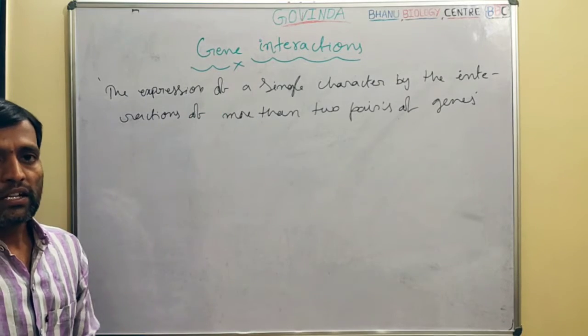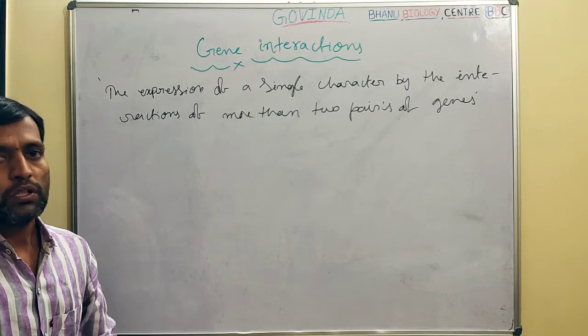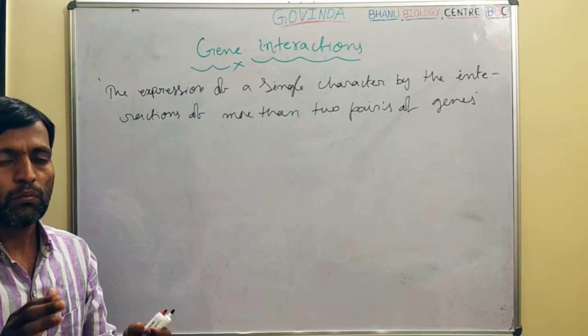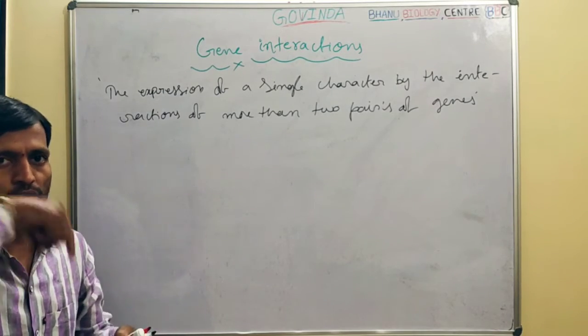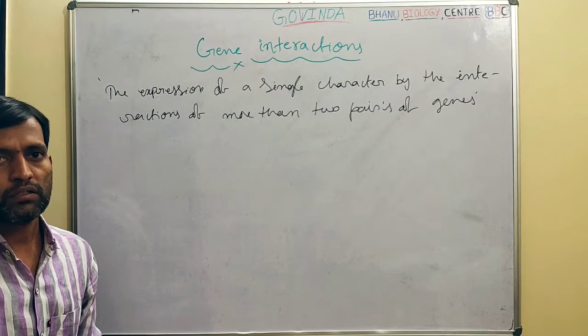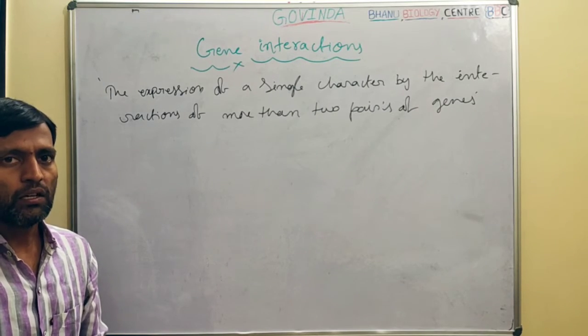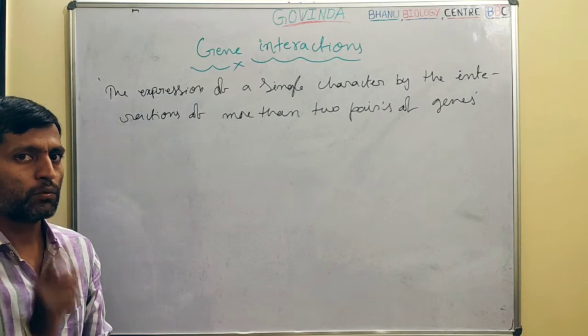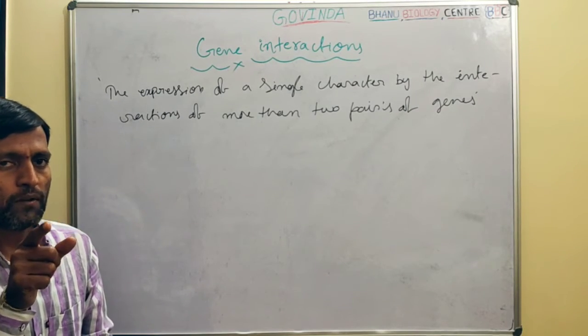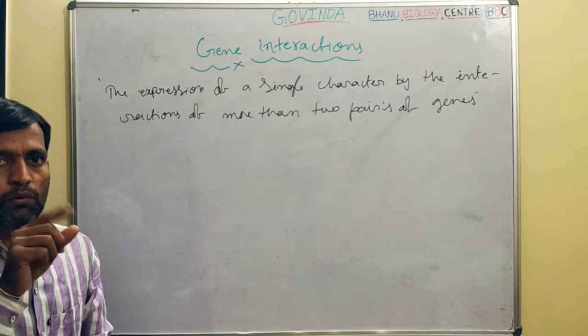Here the single character is produced because more than two pairs of genes interact. In Mendel's experiments, what we saw was one trait, one gene. One gene influences one character.